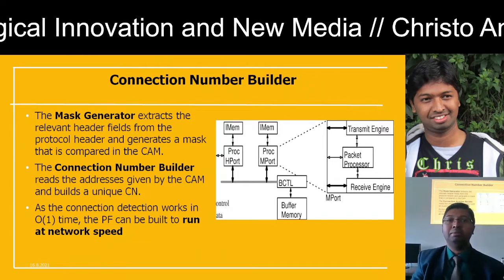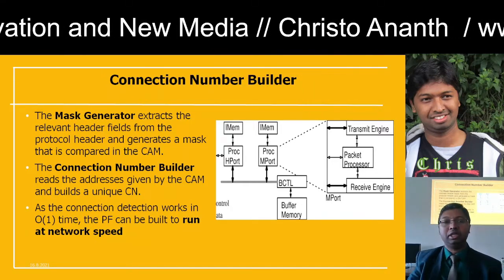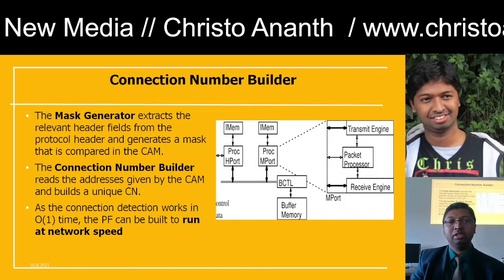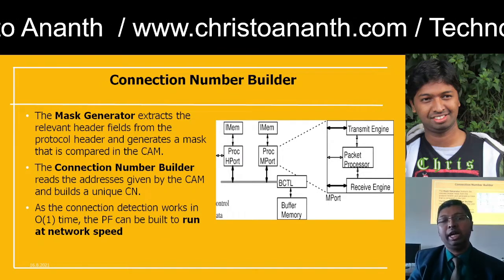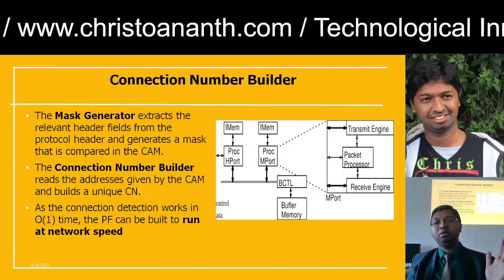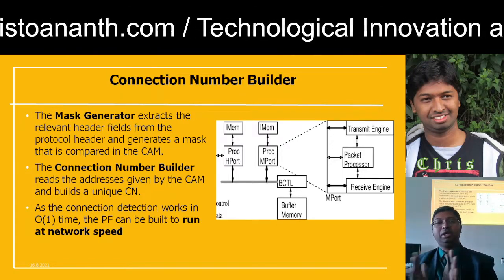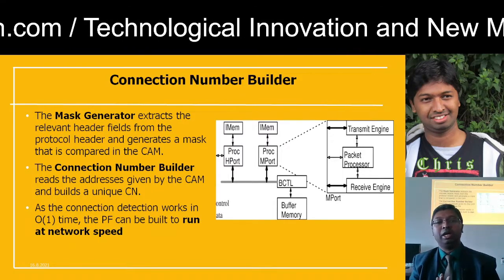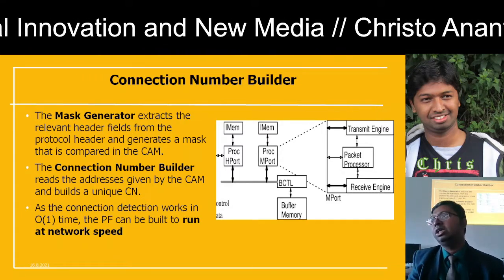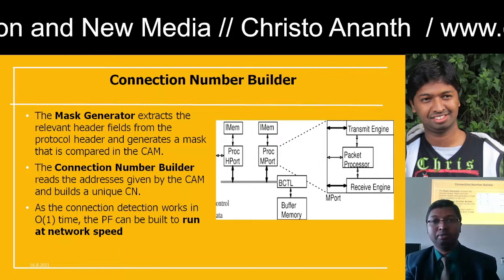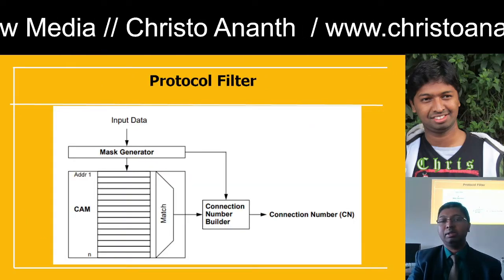And of course you will have the mask generator as well, that will be extracting the relevant header fields from the protocol header, and the mask is generated and compared with the CAM. Now when a match for a word has to be found, then the connection number builder will be building a unique connection number. So this is the protocol filter.